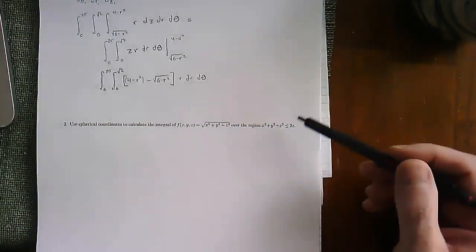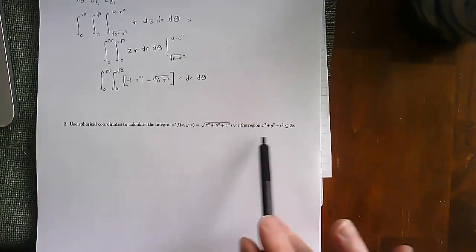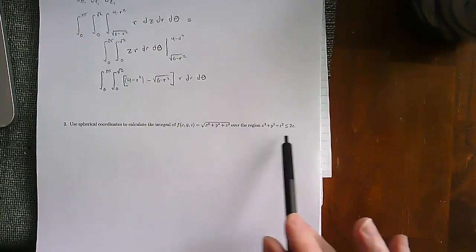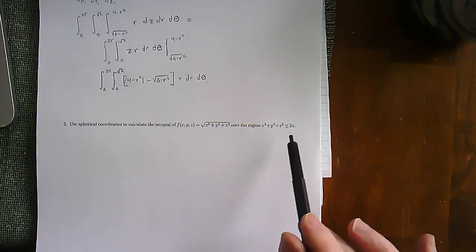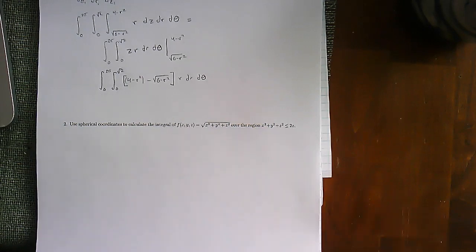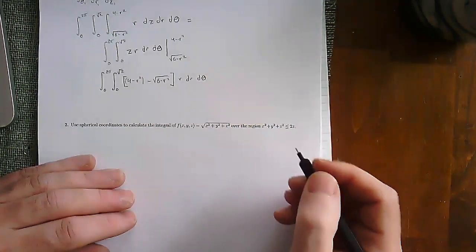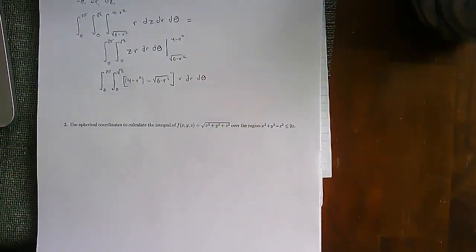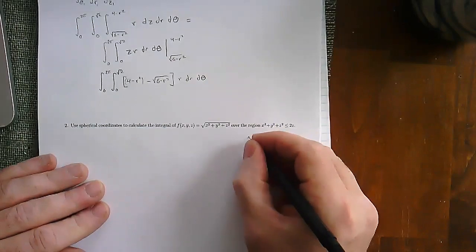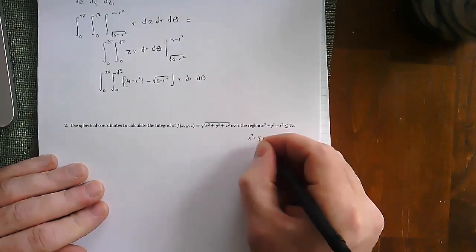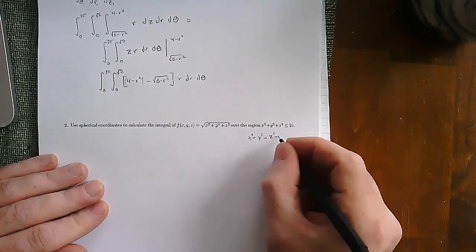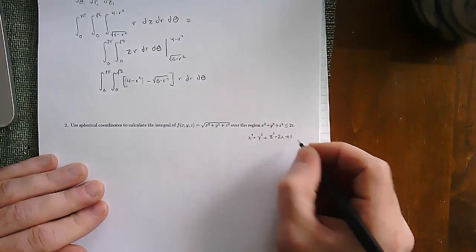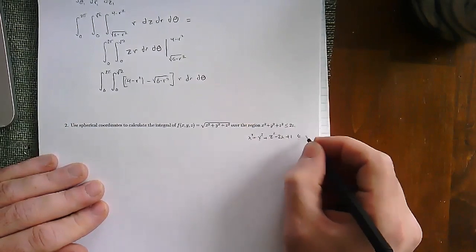And then this region, this inequality might be a little bit tricky to look at at first, but I'll show you a trick for figuring out what's going on here. We have x squared plus y squared plus z squared is less than or equal to 2z. If we want to think about this in just Cartesian coordinates, we could complete the square. So this is x squared plus y squared plus z squared minus 2z plus 1 is less than or equal to 1.